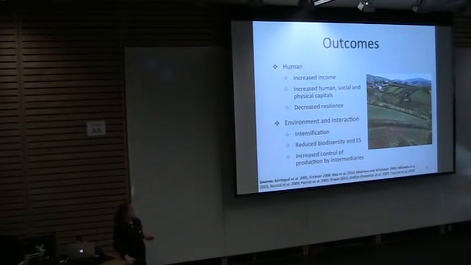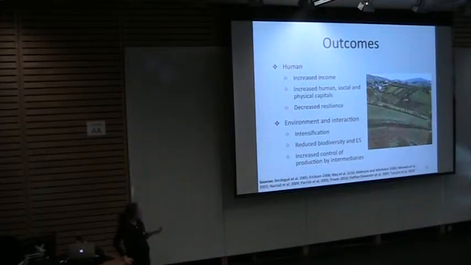We also see some evidence of similar outcomes between PES value chains and some of the transformed food value chains. Some of the similar outcomes that you see in the literature are opportunities to increase your income and increased human, social, and physical capital, so non-monetary benefits, and decreased resilience, or more broadly, decreased capacity to cope well with change.